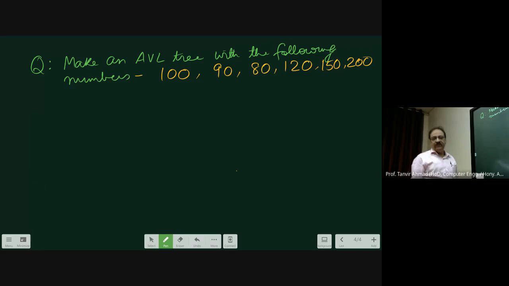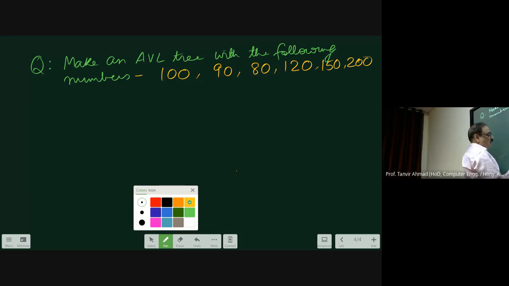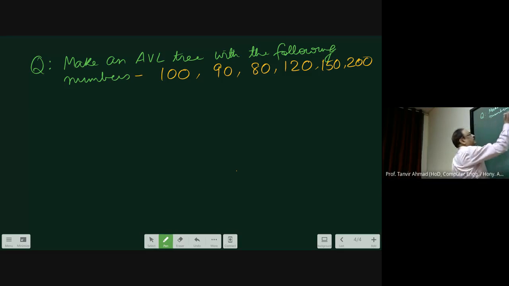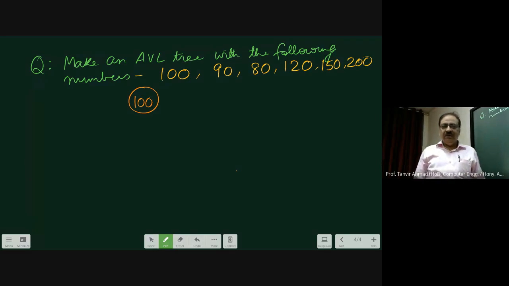Let us take only these 6 numbers. Now let us start making a tree. First of all, I write 100. This becomes the root. You don't have to do anything because it is an AVL tree, because the balance factor of 100 is 0 minus 0, which is 0.